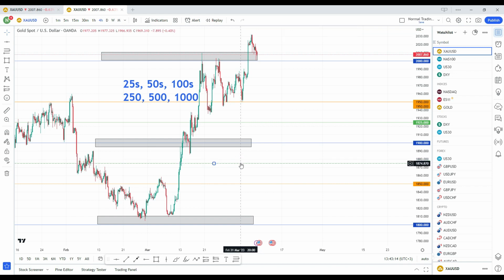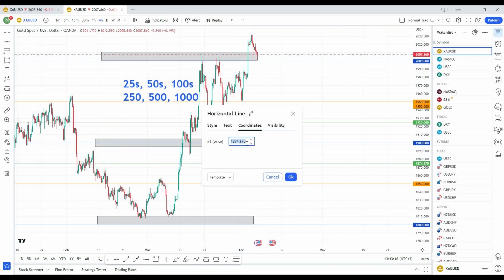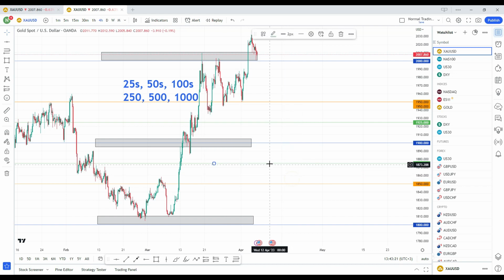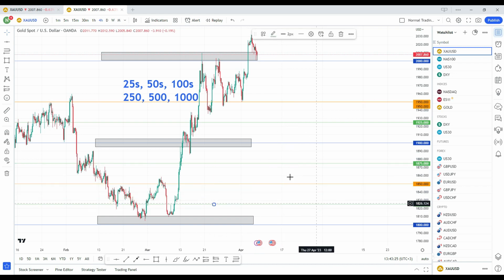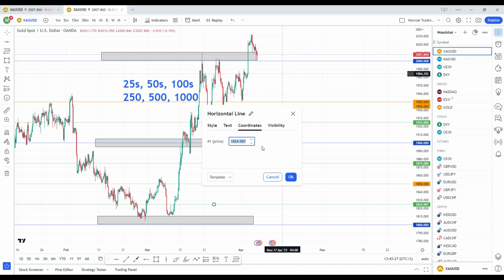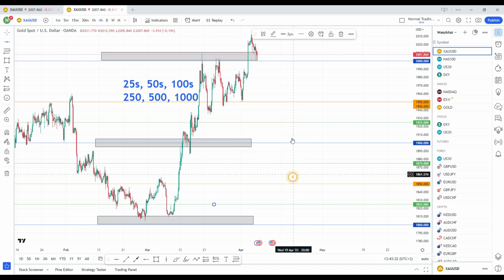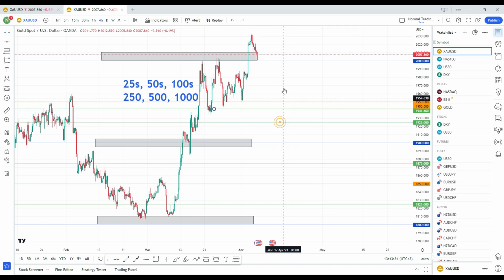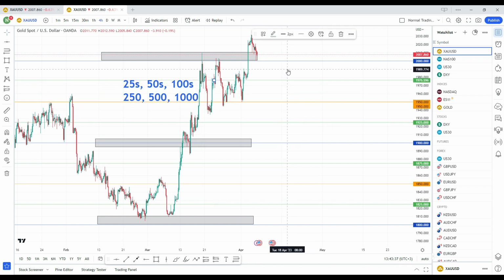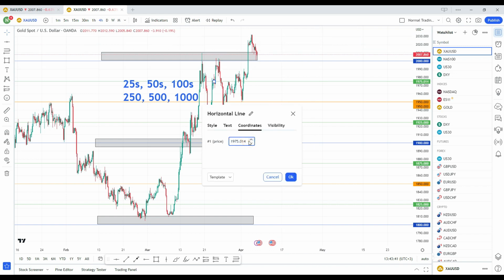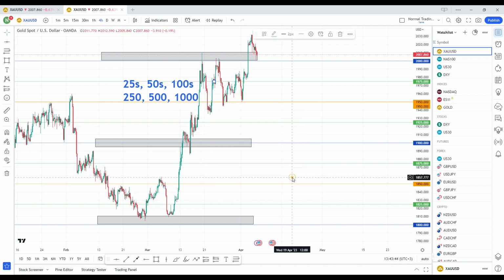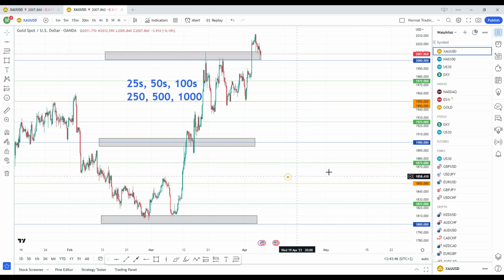This will be 1875. $1825. $1975. Now let's see if this works as well.